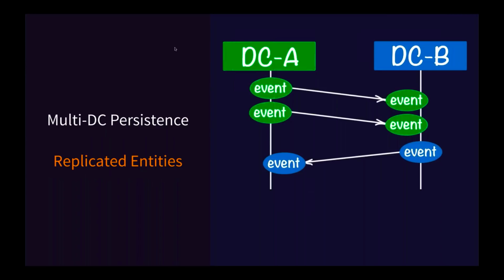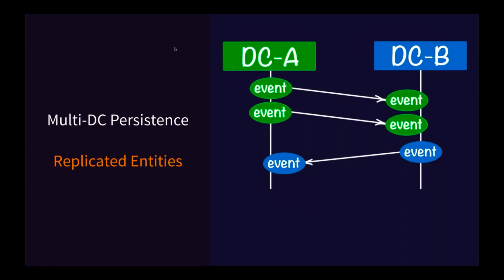So basically, you end up with replication of everything that's happening in one data center happening in the other data center. Here's an example where events have come in to be persisted for an entity in data center A, and then those events are replicated over to data center B, and then they're persisted.